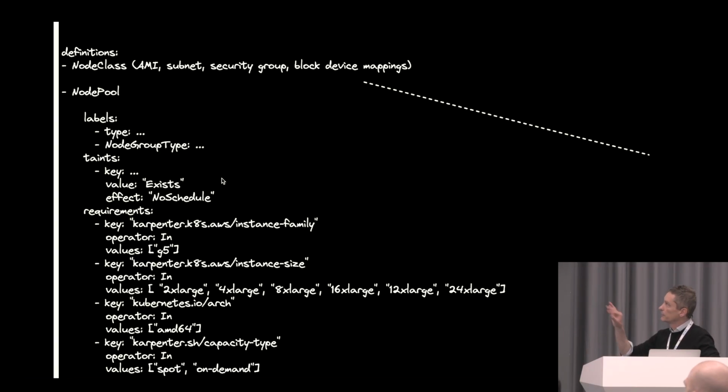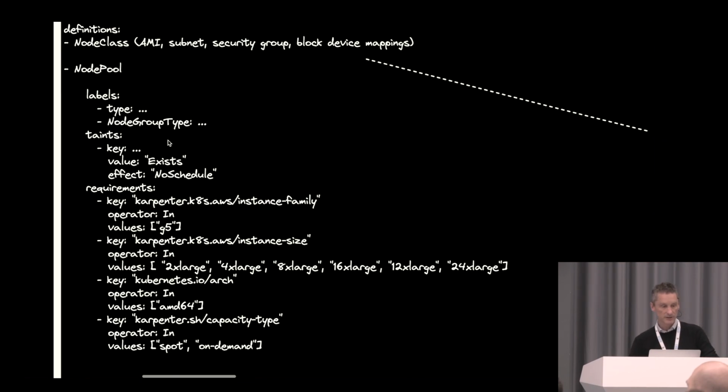So with the node class, you define a few basic parameters which are related to the node itself. For example, in my case, it's the machine image, subnet, security group, and the block device mappings. And then we use a node pool to actually reference this node class and define a number of other additional parameters which are a little bit more interesting in relation to the type of resources that we want to allocate.